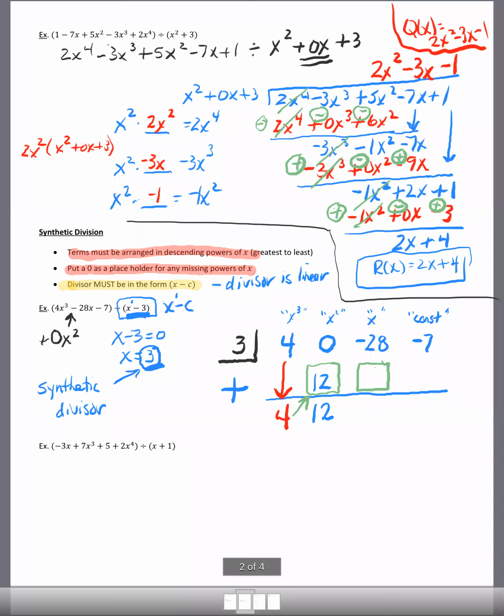Now we'll take 3 and we'll times it by the 12 that you got down here, and that product will give you the next column's fill-in value. In our case, 3 times 12 happens to be 36. If you add negative 28 to 36, you do get 8.